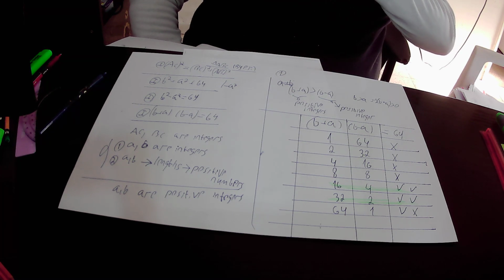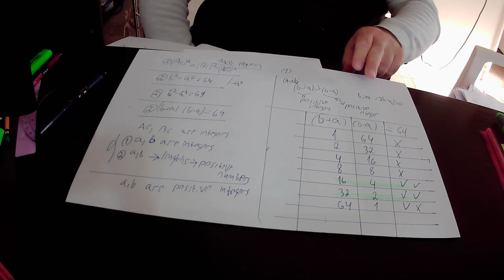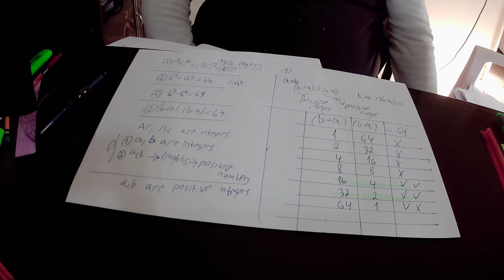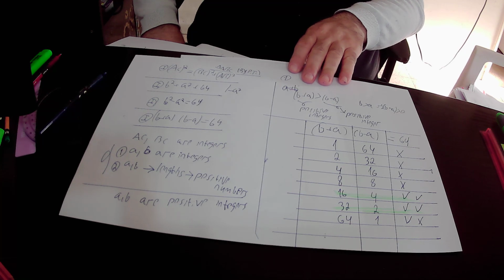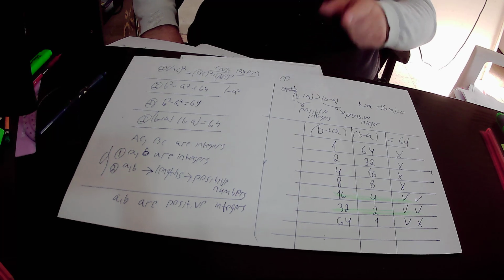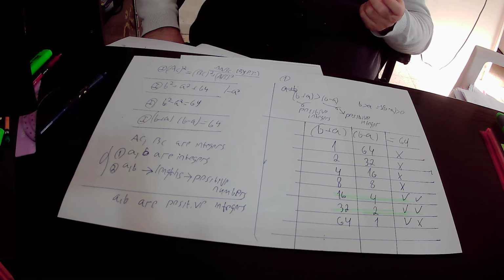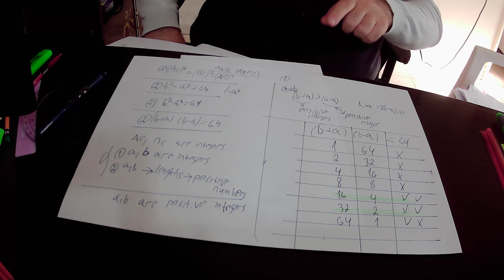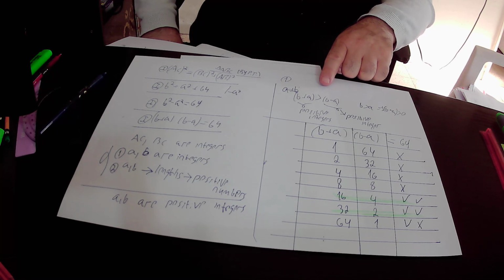Okay, so here we know also that A and B are positive integers. Therefore, because A and B are positive integers, when you add two positive integers, that is to say B plus A, it must always be greater than when you subtract them from each other.